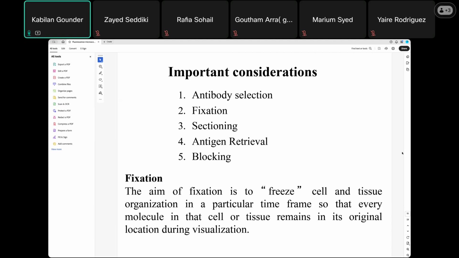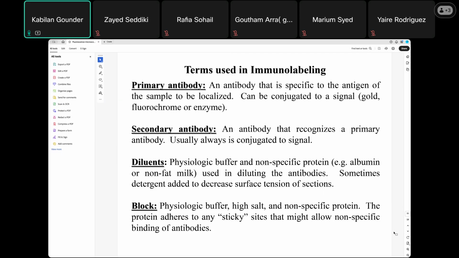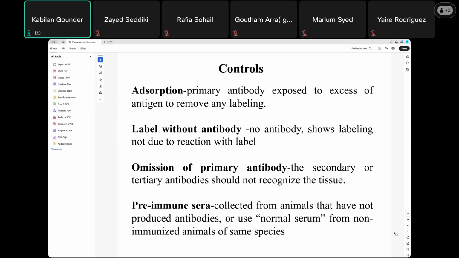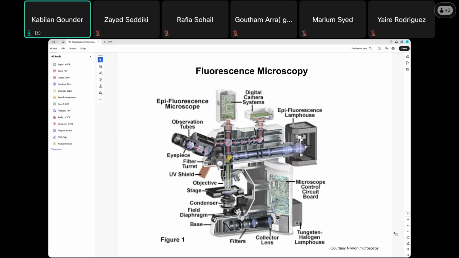That is the most important thing. Also the antibody, we discussed what a primary antibody and a secondary antibody are, and also the different controls used to validate your images. The results depend on the controls, which play an important role.